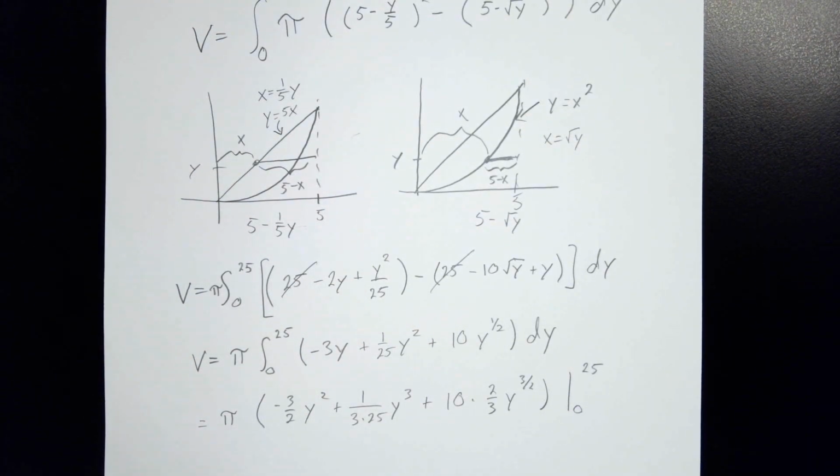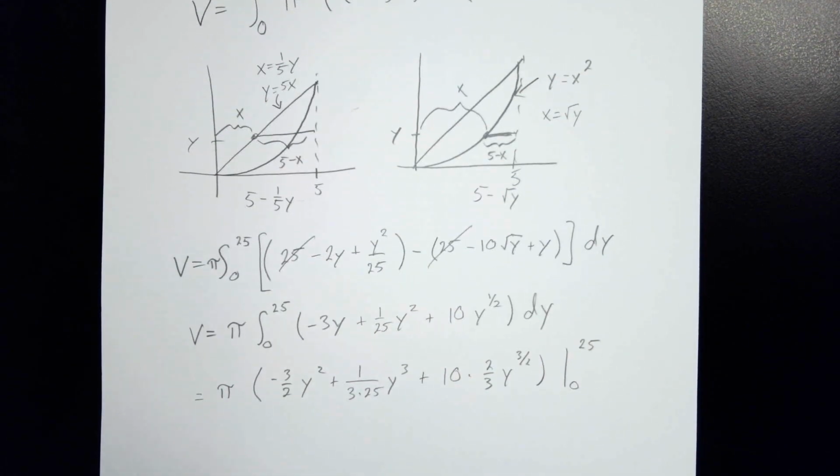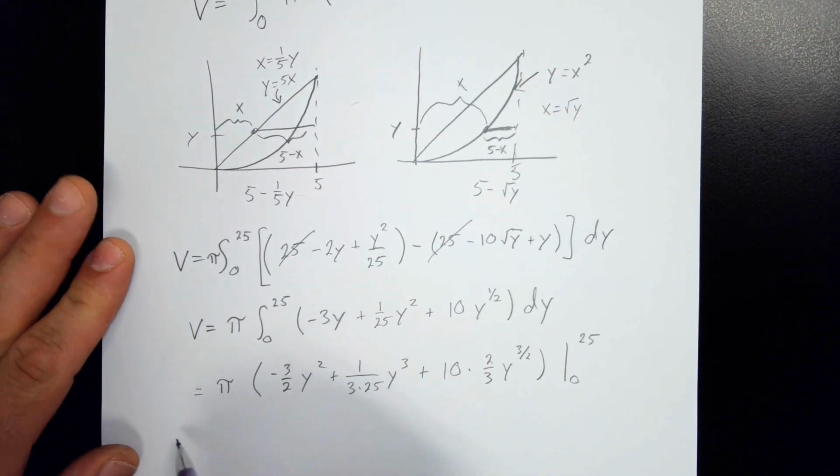Now at this point, you can plug in y equals 25 if you like, and just be done with it. If I plug in a 0, all these terms are going to go to 0, but let's see what this finally ends up being.